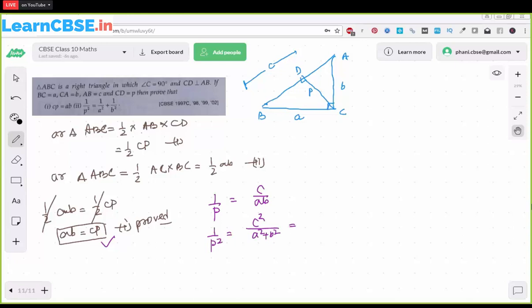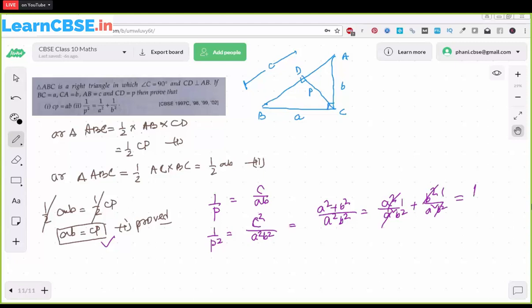Now C square can be written as A square plus B square. Sorry, here I did a mistake. If I square it, it should be equal to A square B square. So A square plus B square by A square B square, that is A square by A square B square plus B square by A square B square.